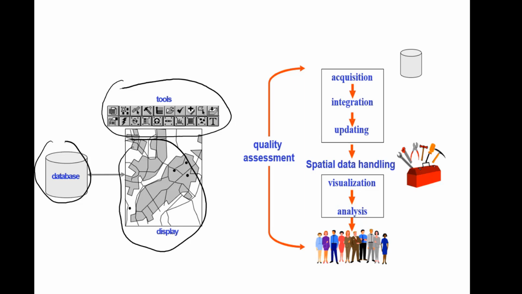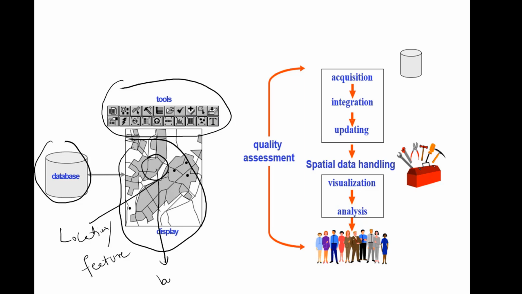Spatial data, which we also call geographical data or geospatial data, provides the location. Number one is location and features, along with the boundaries as well.